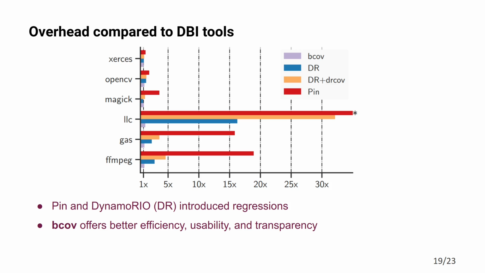The difference between the tools and bcov is quite large. For example, drcov has an average overhead of 730%. Additionally, it failed on the Python and Perl test suites. This demonstrates that the advantages offered by bcov are substantial, and they go well beyond efficiency to usability and transparency.